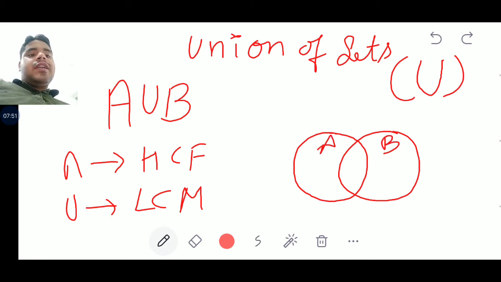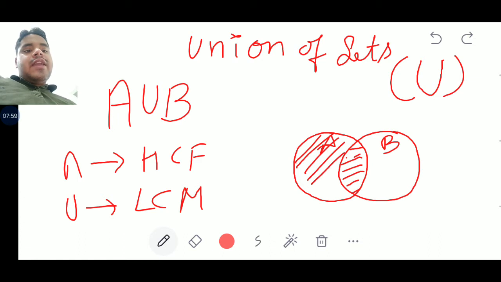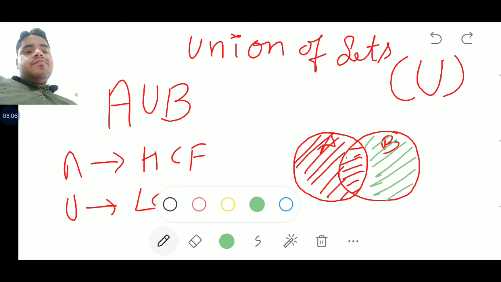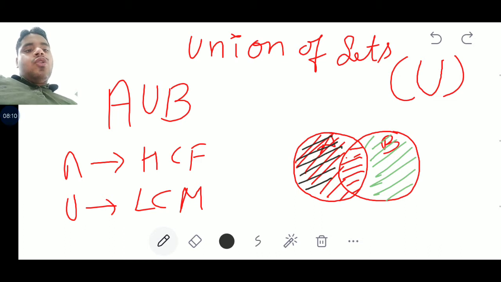So A union B contains, first of all, the common elements, all the elements of A, and all the elements of B. In short, it contains all the common and not common elements of sets A and B. So all the elements are counted in union, but the common elements we have to take only one time.